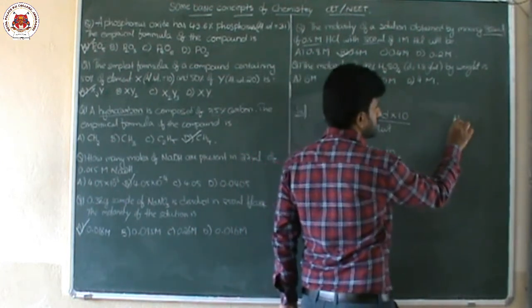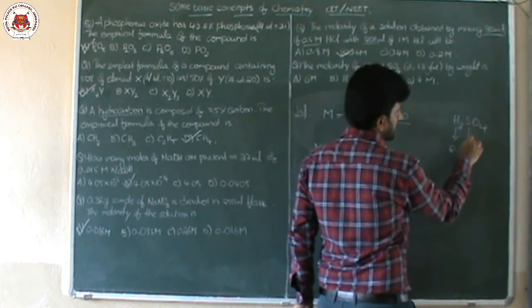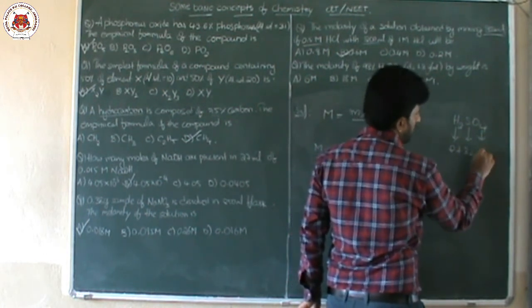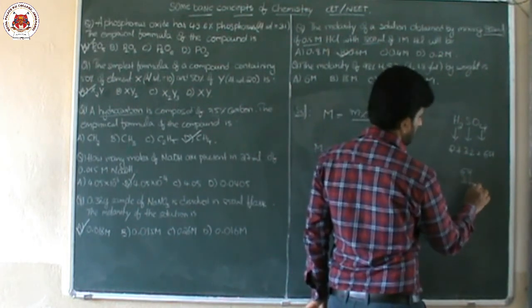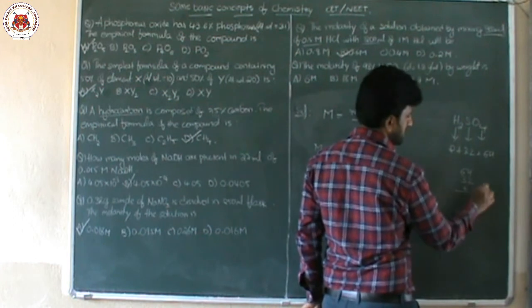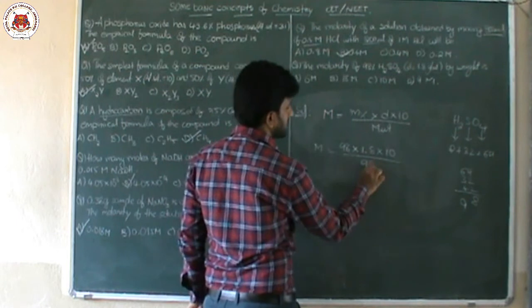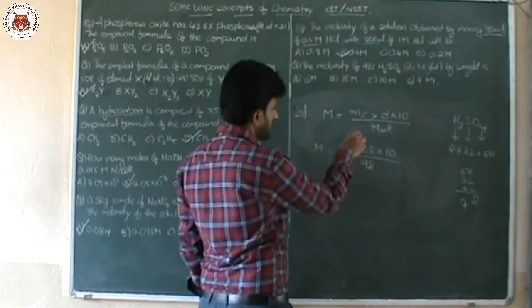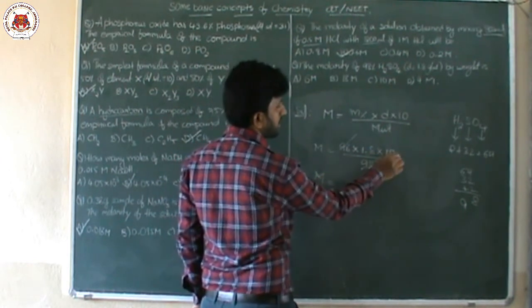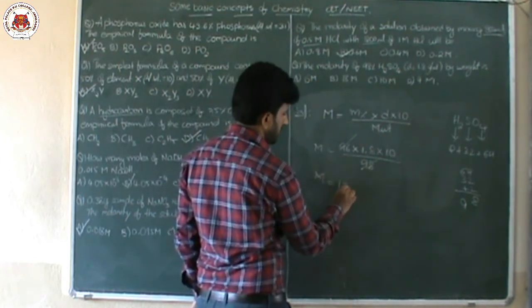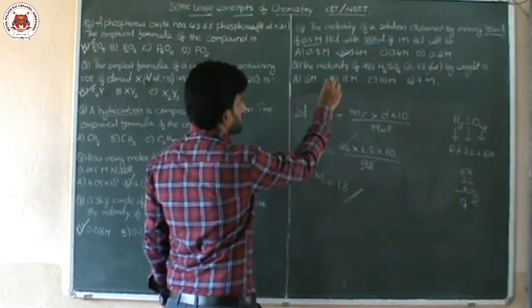H2SO4 molecular weight is 2 for hydrogens, 32 for one sulfur, and 64 for four oxygens, which gives 98. So 98 and 98 cancel. That means the molarity is 1.8 into 10, which is 18. So where is that? Option B.